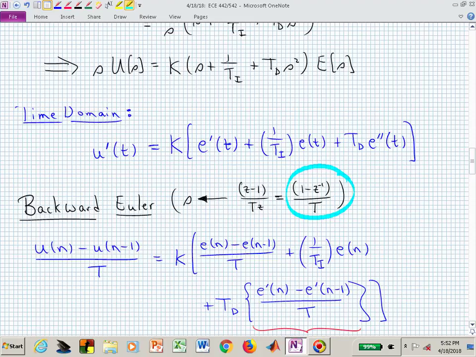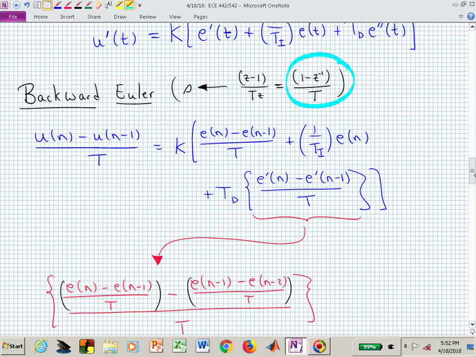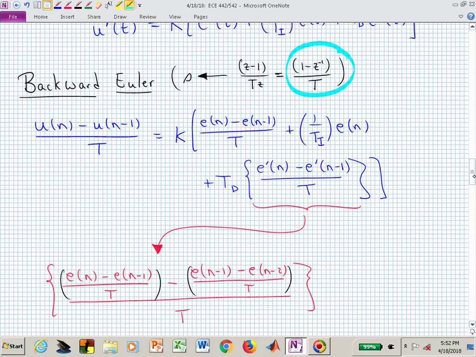You can predict what that's going to look like. This is just what we need to insert in that red curly brace. It all has to be divided by capital T, but now we simply replace e prime of n with its approximation, and we replace e prime of n minus 1 with its approximation.